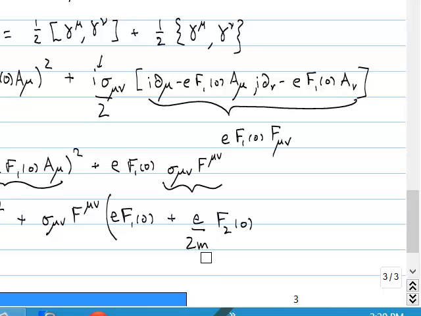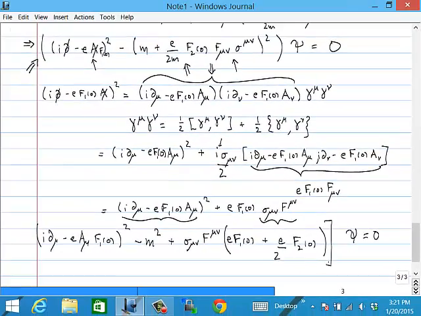Sorry, there's no m there. Acting on psi is equal to 0. There's actually one more term here which comes from squaring this term, squaring F_{mu nu} sigma^{mu nu}. So plus dot dot dot.